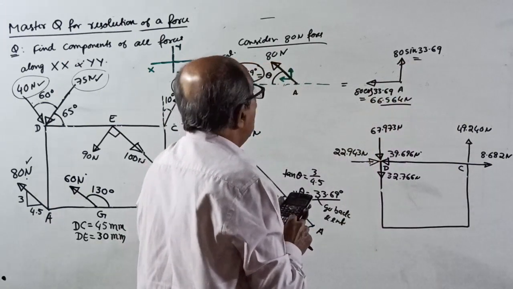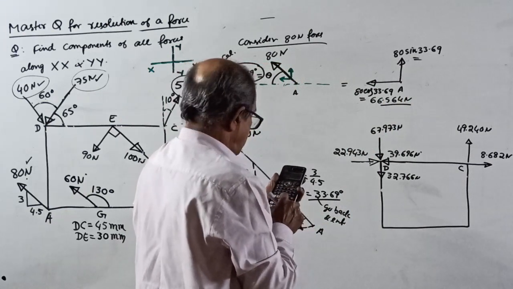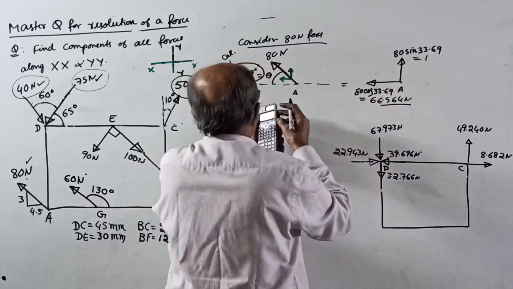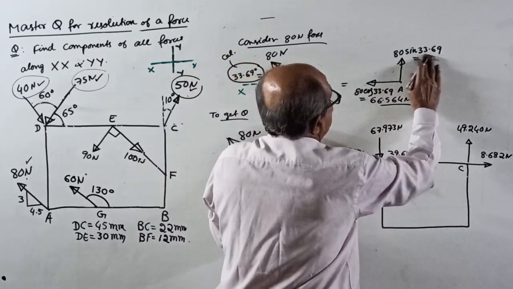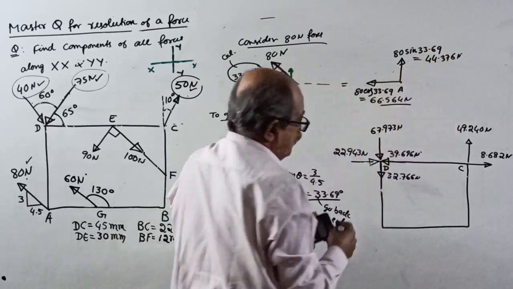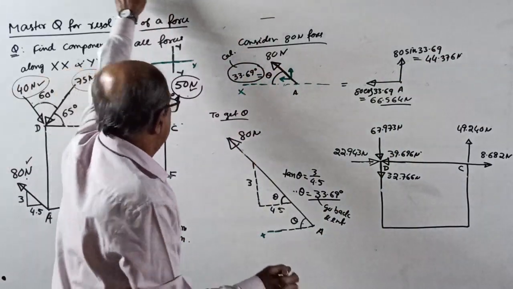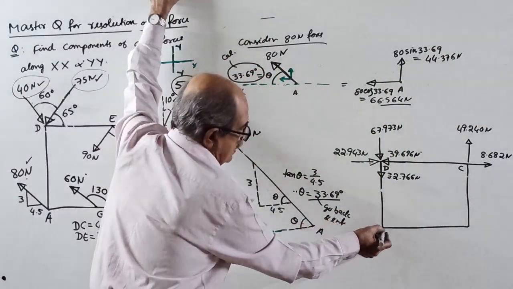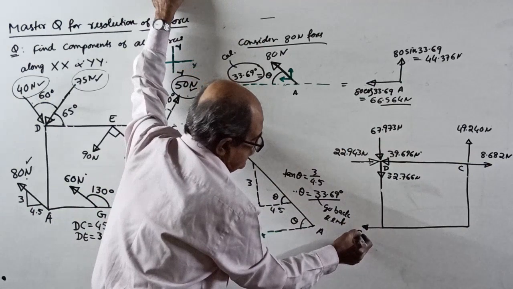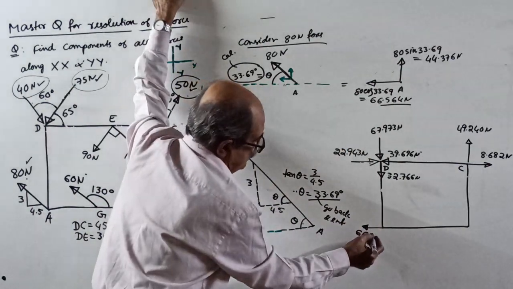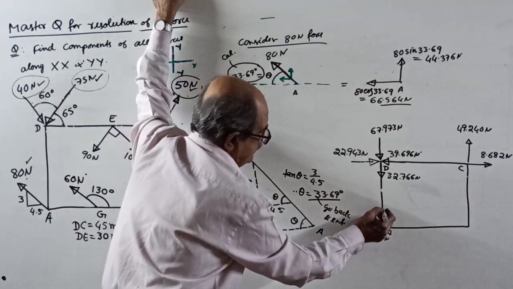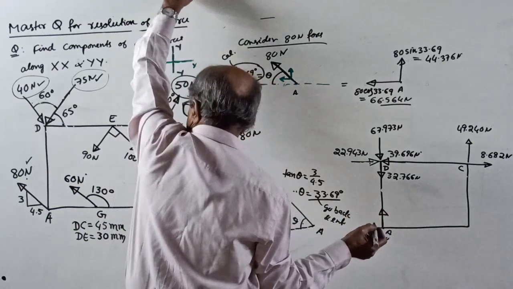The other one, 80 into sin 33.69, is 44.376 Newton. Correct answer? Yes. Later, through the point A, you mark one force this way, 66.564 Newton, and another force like this of 44.376 Newton.